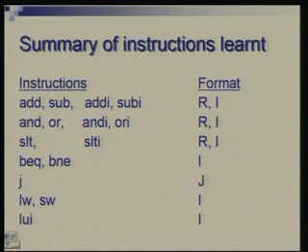So, in I format, there is a field of 16 bits, so that a 16 bit constant can be provided. Yet another format was J format, which is for jump instruction, where 26 bits which are left after having a 6 bit opcode are used for specifying address.